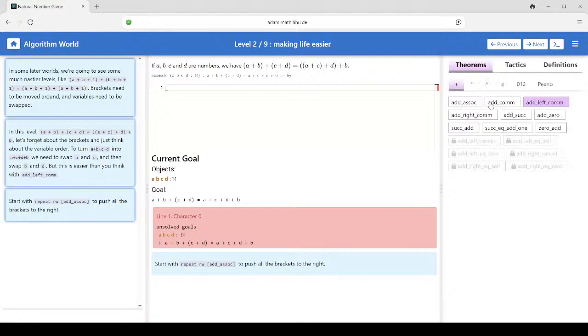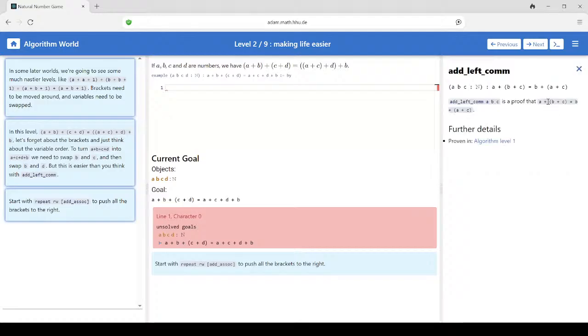Where is it? Oh, right here. It's the pink one. Is the proof that a plus b plus c is the same as b plus a plus c.